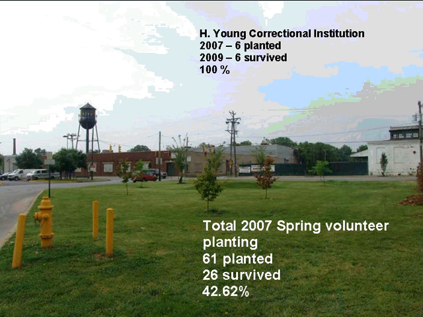So they were heavily invested in taking care of it, and they did a fabulous job. So we're pretty happy about that. So overall, the first time around, this is 2 years later, we have 42% survival.